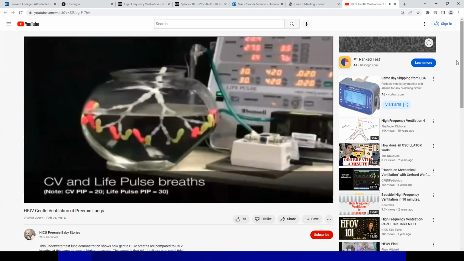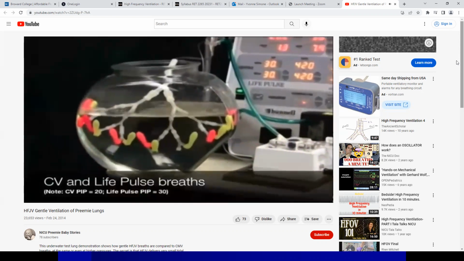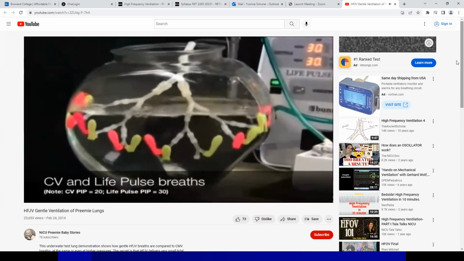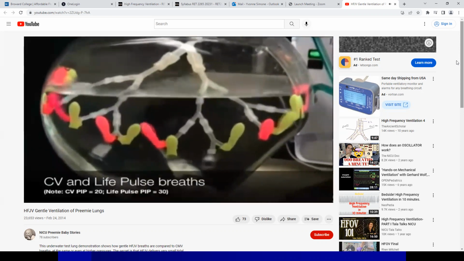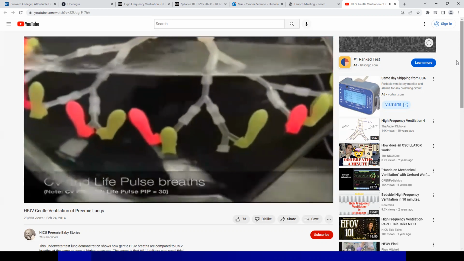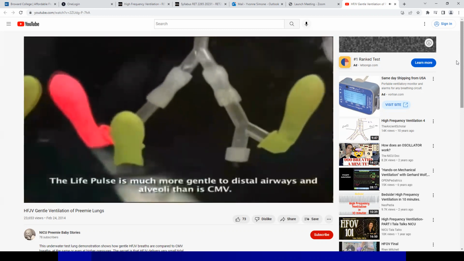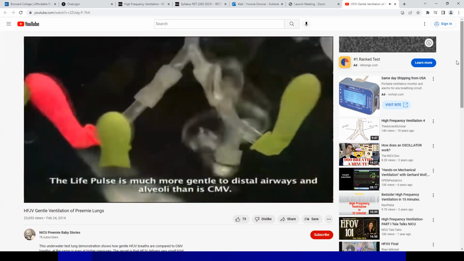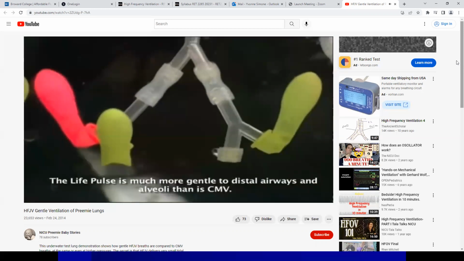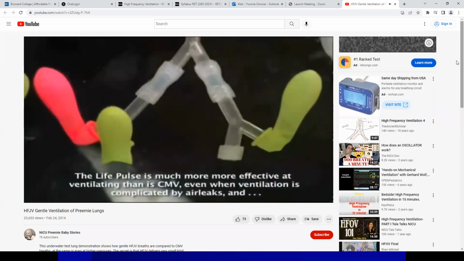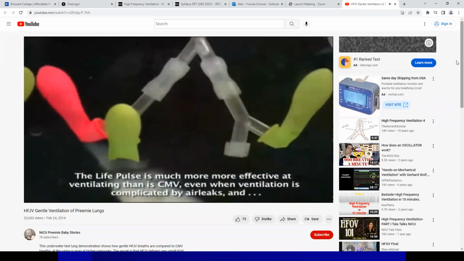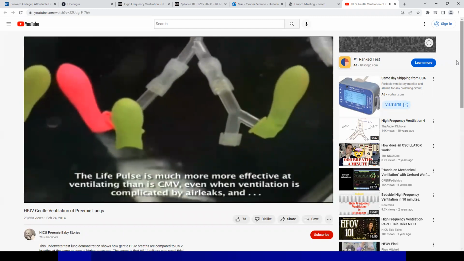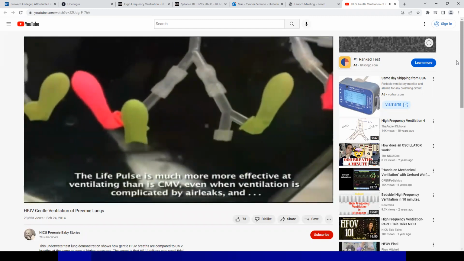When I run the two together, remember the conventional ventilator is at 20, the light pulse ventilator is at 30. Both ventilators are running at the same time, and you can see whenever a conventional breath comes, again, very aggressive bubbling up, most of the gas is being exhausted. The light pulse is much more gentle, much more effective in ventilating the peripheral alveoli.